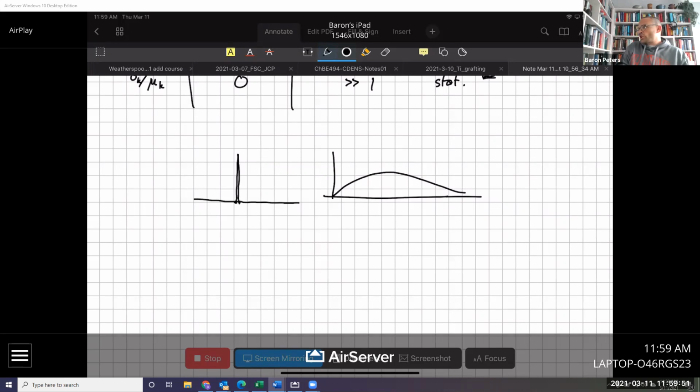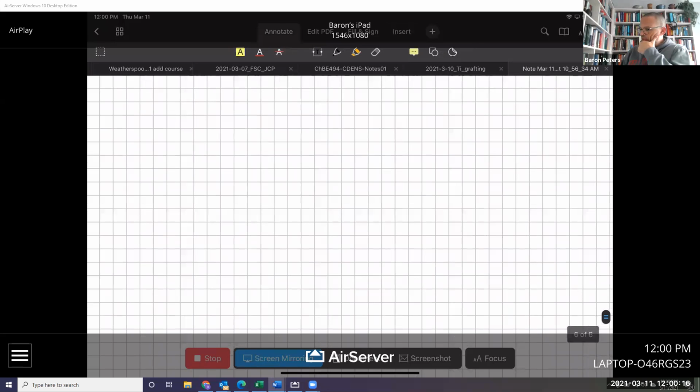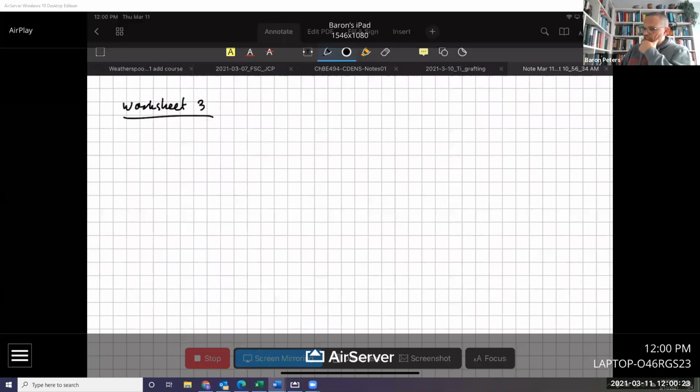So there's one more worksheet, and this one has to do with ideal gases. If everybody can go ahead and open that one up. So this is worksheet 3 for today.